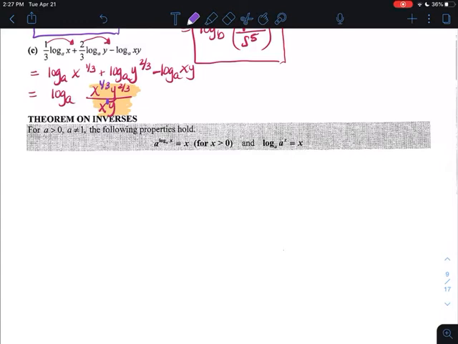Well, 1 is bigger. So when I find my simplified version of x, I'm going to do 1 minus 1 over 3. Well, 1 minus 1 over 3 becomes x to the 2 over 3. Because the 1 is bigger, when I write my final answer, it'll be log base a. And then since the 1 is bigger, I'm going to put the x to the 2/3 in the bottom.